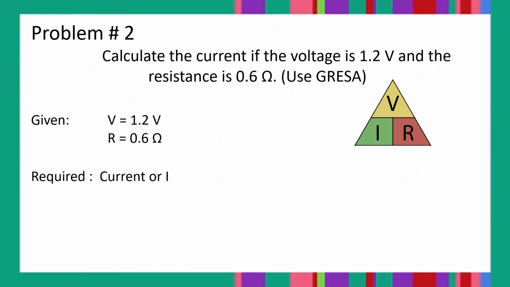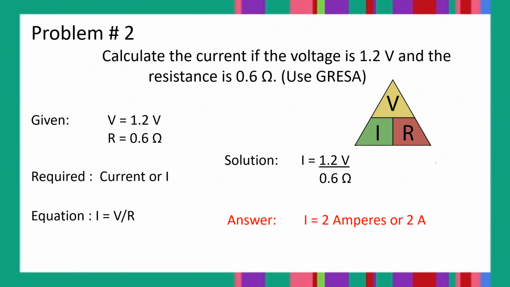Required: we need to solve for current or I. Equation: current is equivalent to voltage divided by resistance. Solution: substituting the values, we have 1.2 volts divided by 0.6 ohms. As you divide, the correct answer is 2 amperes or 2 A.